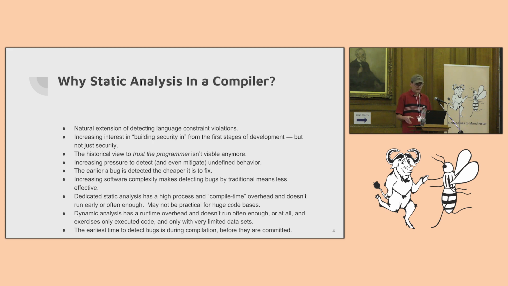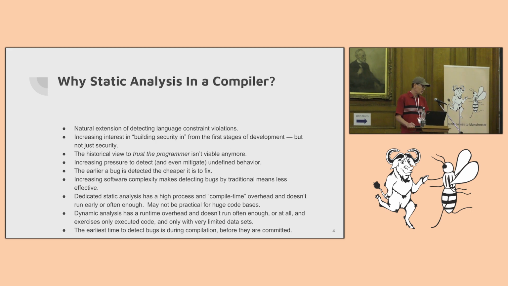But beyond that, there has been over the years increasing interest in building security in from the very first stages of development. And not just security, but a focus on all aspects of software quality, including safety, and simply finding bugs early in the development process.